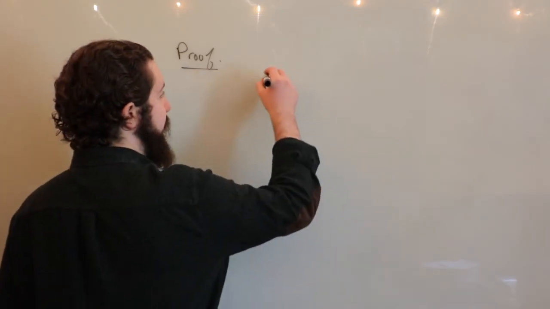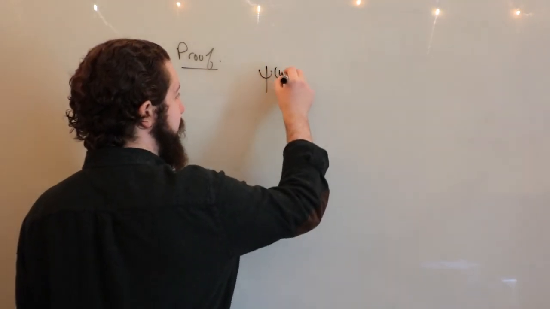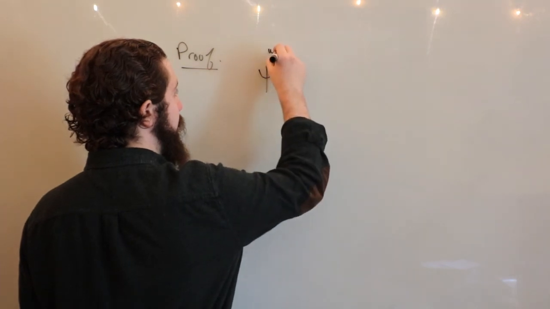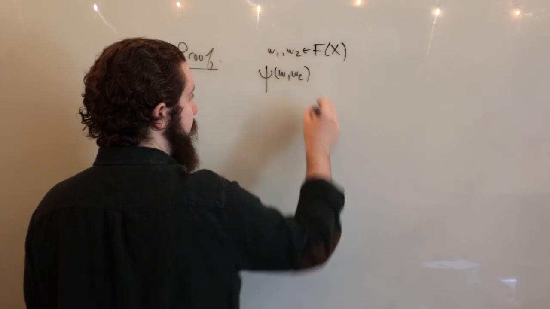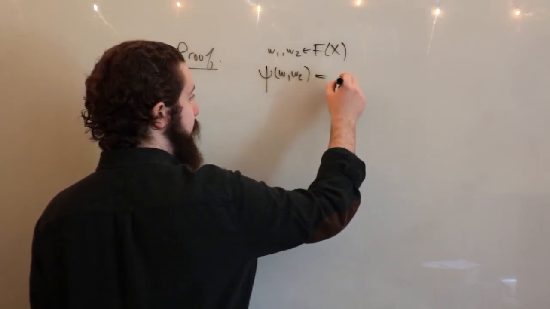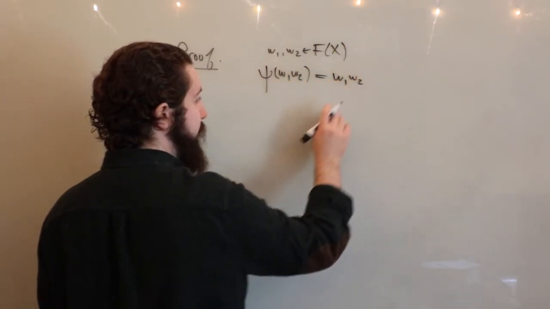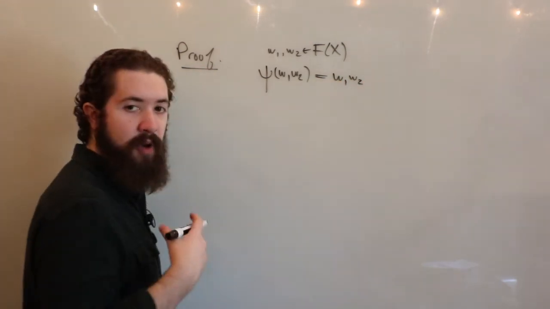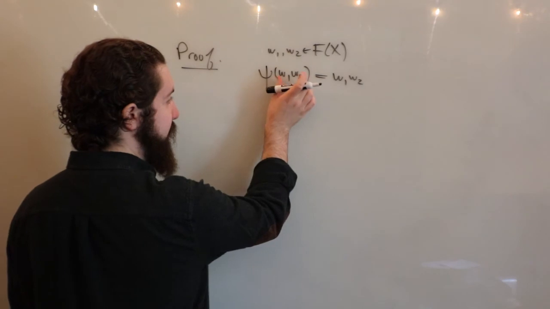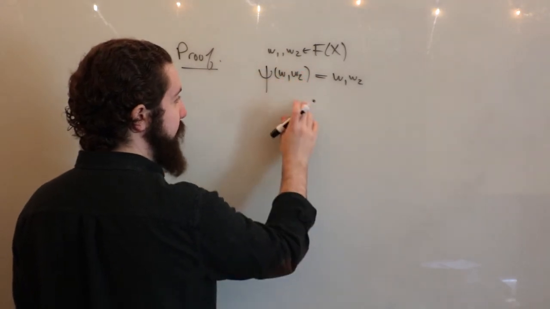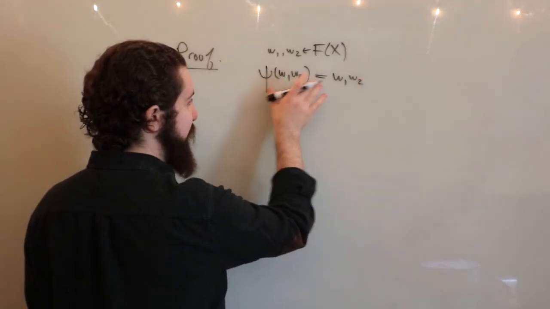Okay, since reduced words in F of X are the same as reduced words in the free product, we can safely say that for all words W1, W2 in F, this is equal to W1, W2 concatenated and reduced. And this is why we needed this, because we need the potential reduction of this product to be the same before or after we apply the map psi, right?